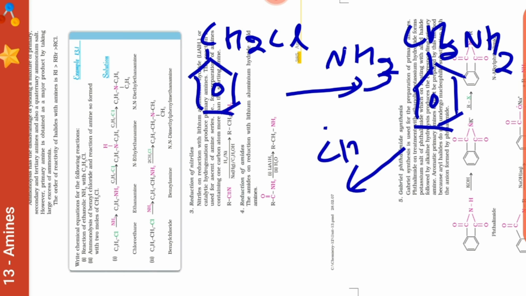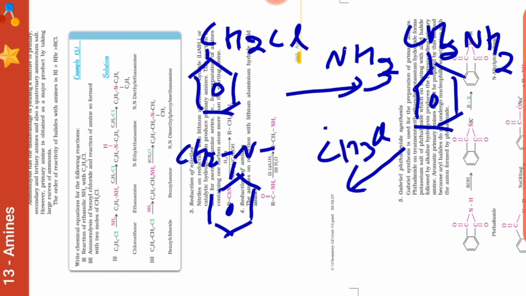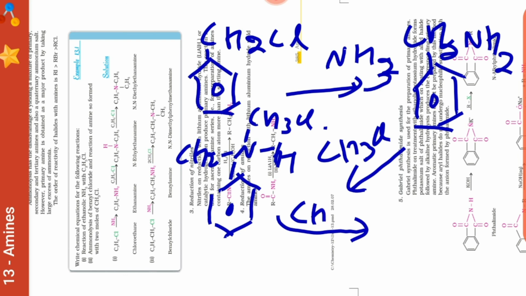Then we have to give 2 moles of CH3Cl. First of all, 1 mole of CH3Cl. Then what will happen there, beta? I think CH2 will remain as it is, NH, then CH3Cl. Clear? There is NH. Then after that, again CH3Cl. One more thing, beta, really sorry, it is not ACl, that can be removed. Then again you will do it.